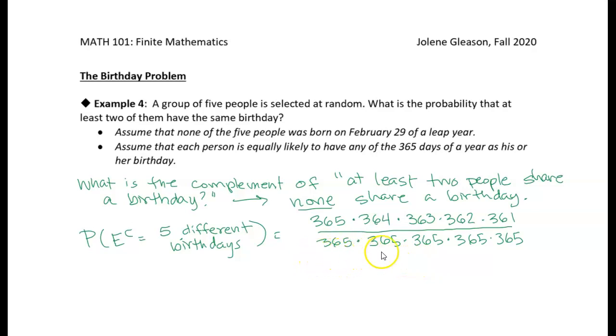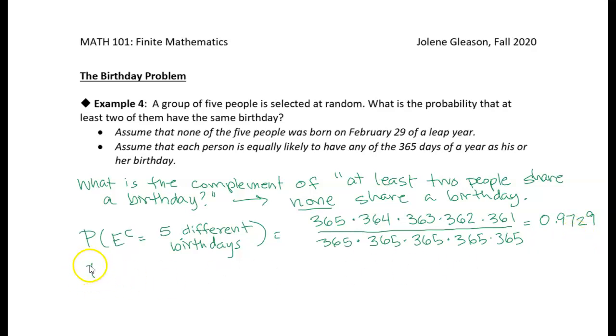So it's just basically 365 to the 5th power. Put that in your calculator now, and what you get is 0.9729. Okay, so about a 97.3% chance that they are going to have all different birthdays, which makes sense.